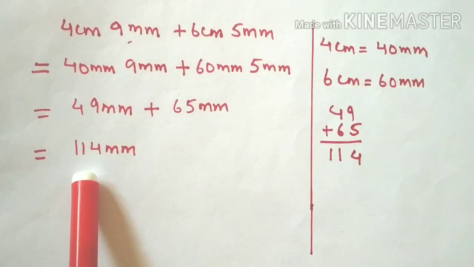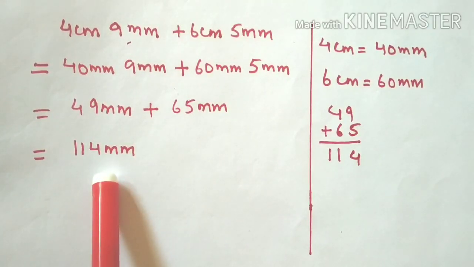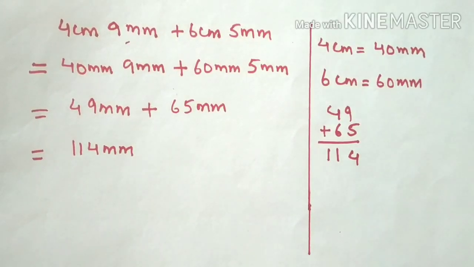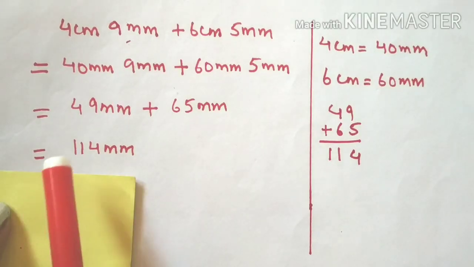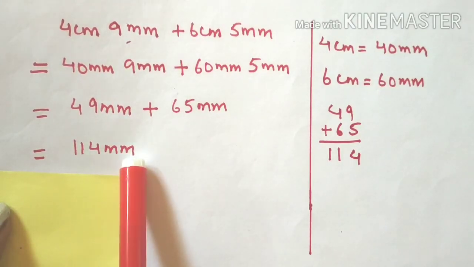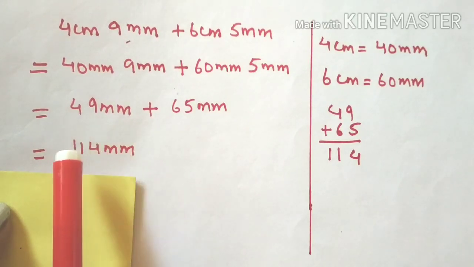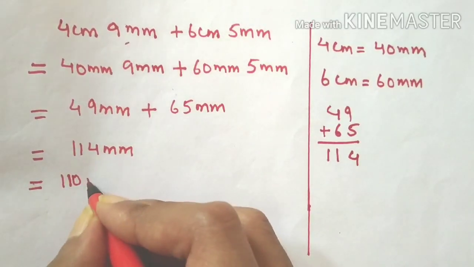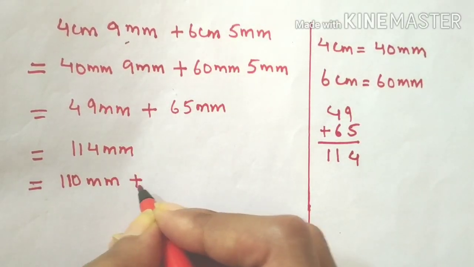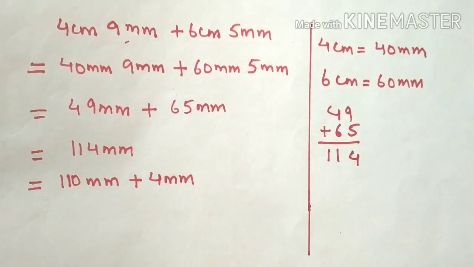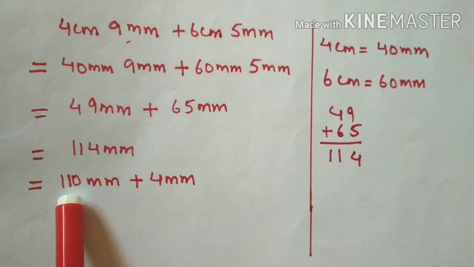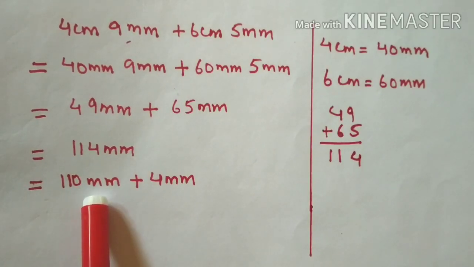Now here the value is more than 10 millimeters. So we will express this as centimeters. Now in order to express this as centimeters, we have to write 114 millimeters as 110 millimeters plus 4 millimeters. Now since 4 millimeters is less than 10 millimeters, we can only express 110 millimeters as centimeters.